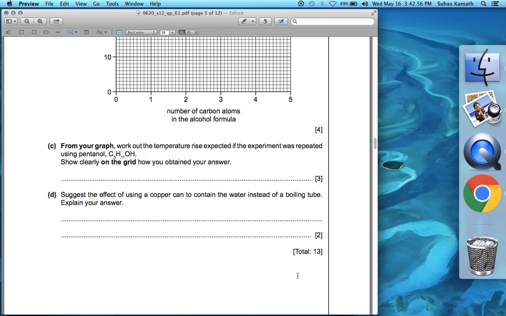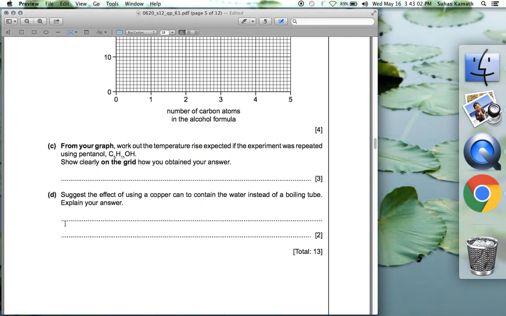So, the effect of using a copper can to contain the water instead of a boiling tube. It will not be good because copper is a good conductor of heat.